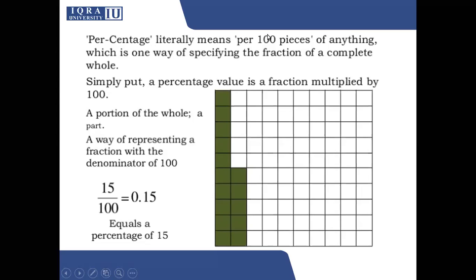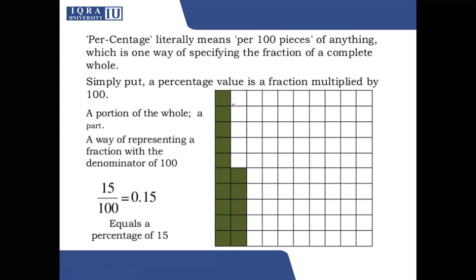So percentages are just another way of specifying fractions. We've already taken a look at fractions in ratios and proportions, so we have an idea how we can relate it with fractions. Simply put, a percentage value is a fraction multiplied by 100.